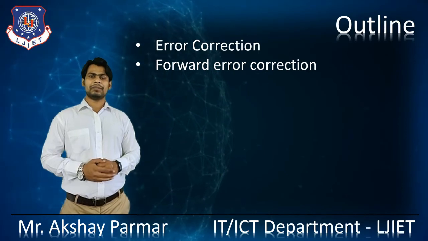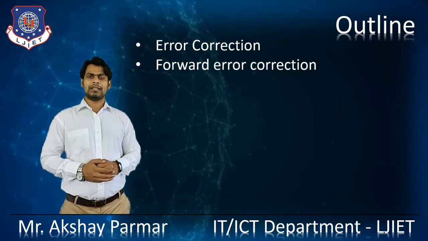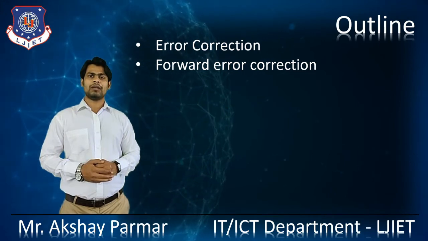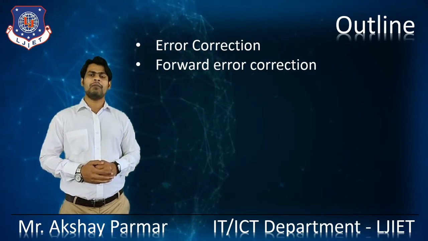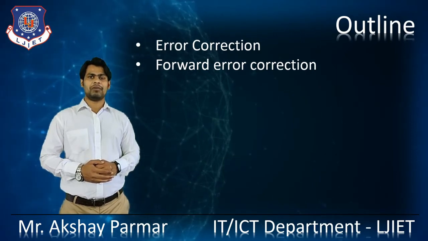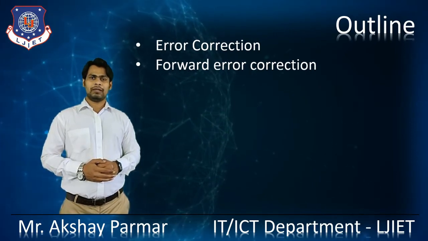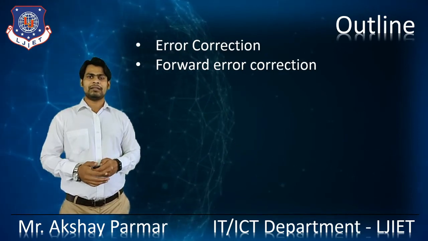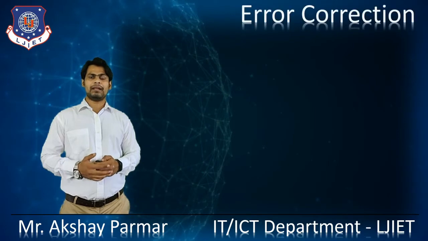In that, if the error is detected, we will see how we can correct the error and how we can get our original data from the erroneous data. So we will see the forward error correction technique. What do we mean by error correction?